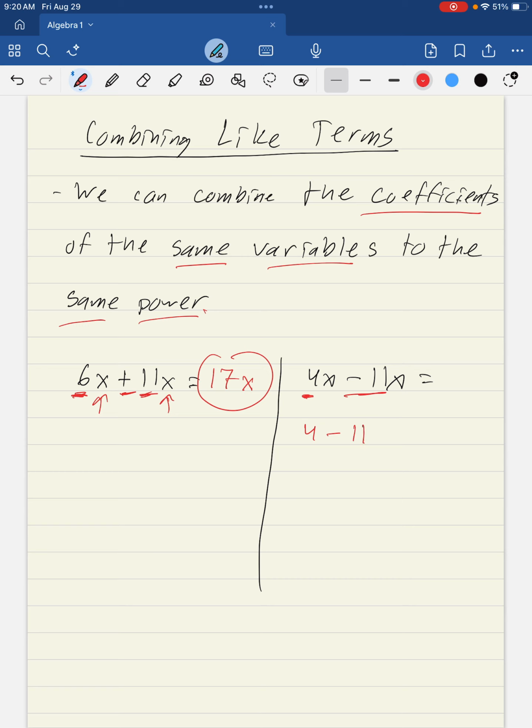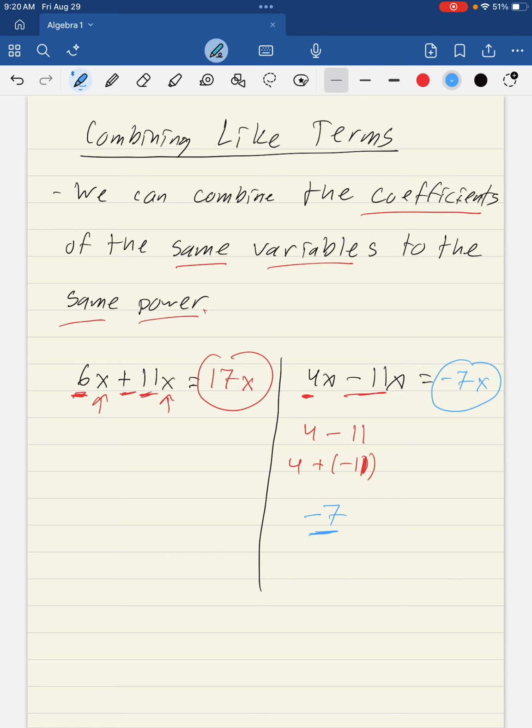Remember our adding integers lesson. 4 plus negative 11. And then we just solve that using our integer operations. We're going to go bigger number minus smaller number, which is 7. The negative is on the 11. That's bigger than the 4. So we have a negative 7. So my answer here is going to be negative 7. Don't forget the variable, x. Boom. Done. That's it.